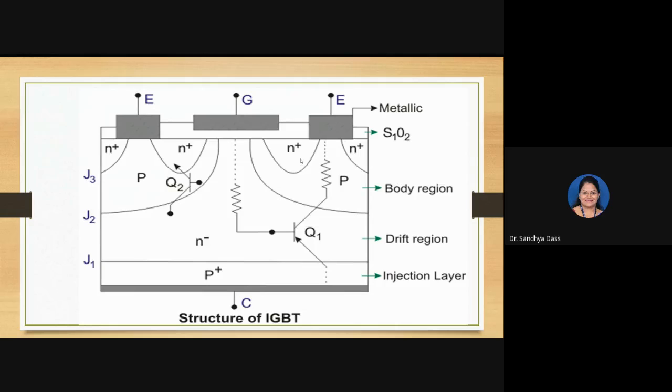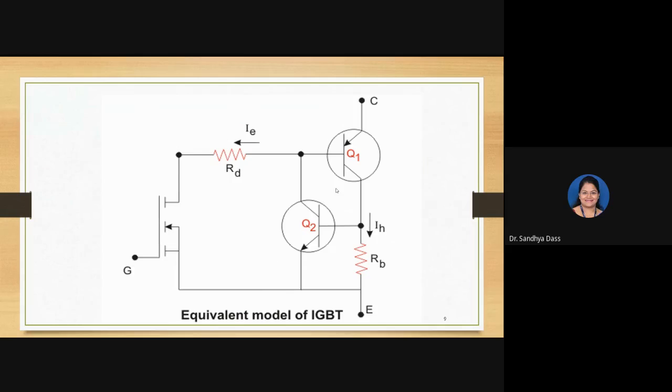So this constitutes the total collector current IC. Generally this IH is almost negligible, so the collector current is always approximately equal to the emitter current. So that is the working of this IGBT.